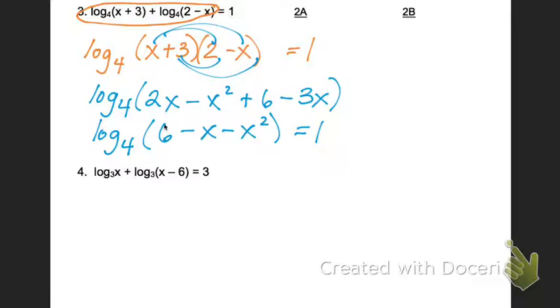Then I want to switch it to be exponential form. So how would I write that? If I'm switching it to exponential, 4 to the first power equals 6 minus x squared.